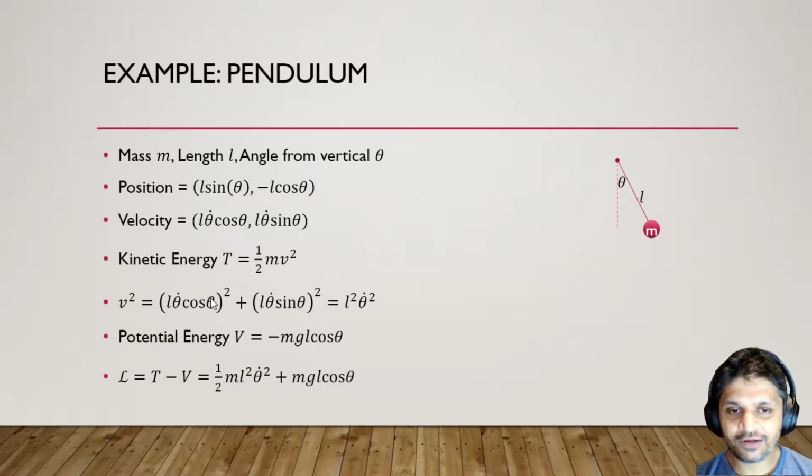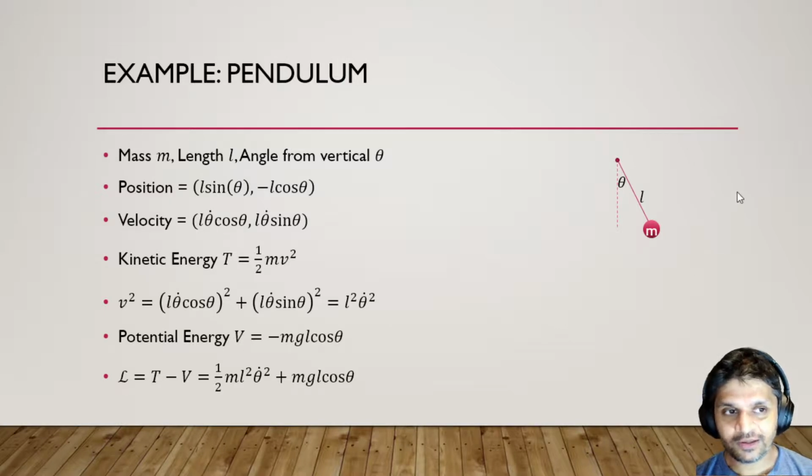That becomes L squared theta dot squared cos squared theta plus L squared theta dot squared sine squared theta, and then the cos squared plus sine squared comes out, which is equal to 1, and so we just end up with L squared theta dot squared. Again, that makes our kinetic energy easy. It'll just be half m L squared theta dot squared.